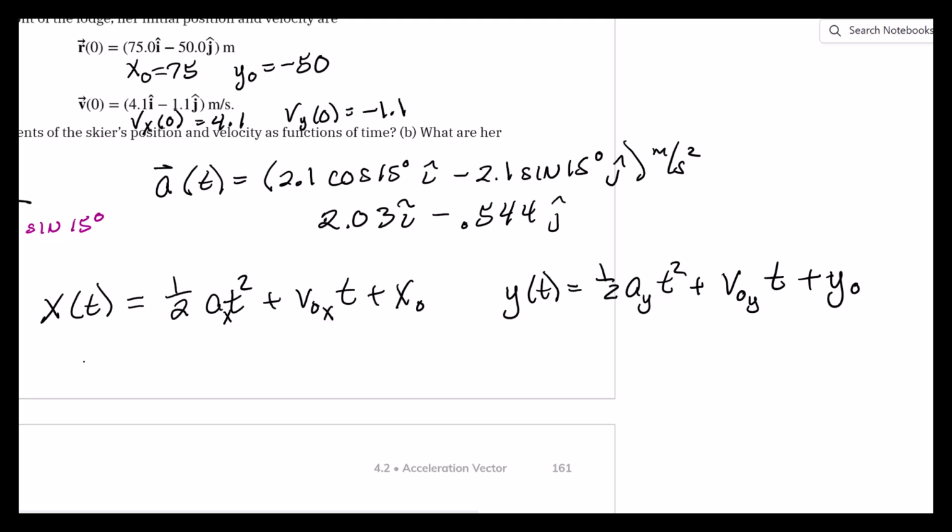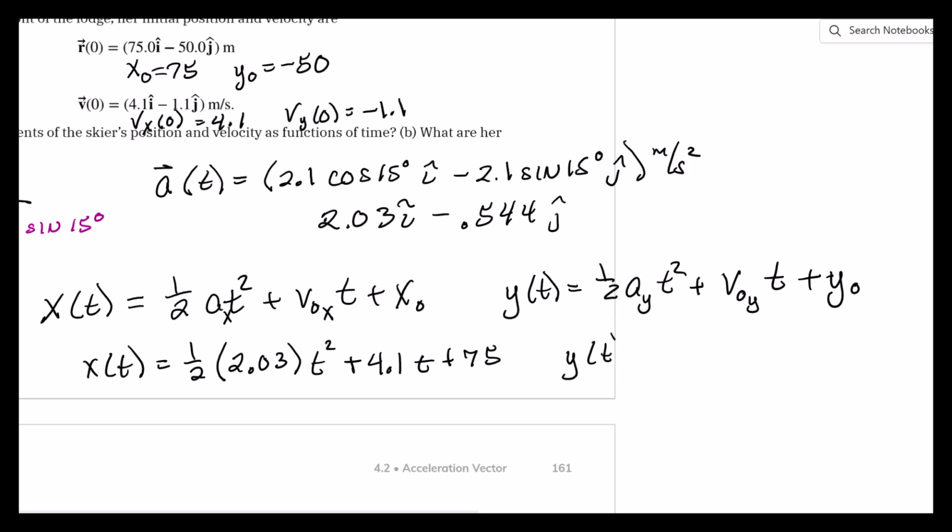Now, in my case, I know that the acceleration in the x direction is 2.03, so 1/2 times 2.03 t squared. v naught was the 4.1, and the x naught was 75. And for y at t, 1/2 times negative 0.544. See how that negative just goes in there? And that's why I don't like to memorize these formulas with the negatives already in it.